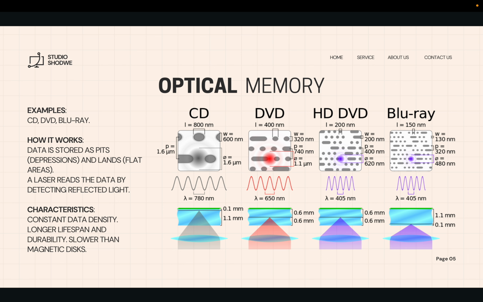Optical memory is durable and has a longer lifespan compared to magnetic disks, but it's slower and has a constant data density regardless of the disk's position.